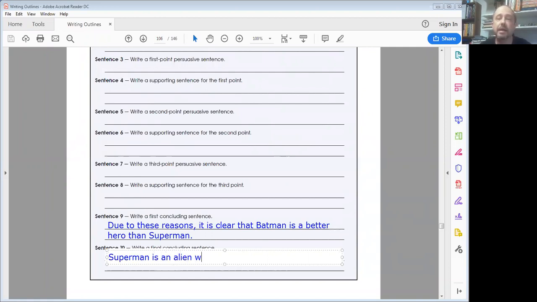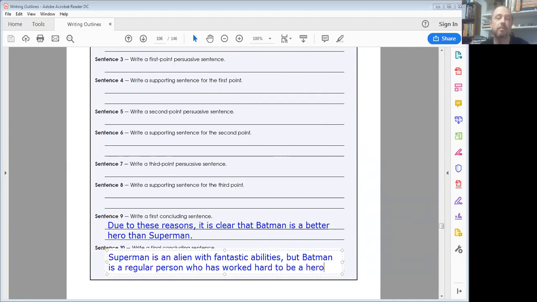Superman is an alien with fantastic abilities, but Batman is a regular person who has worked hard to be a hero. That seems good, right?